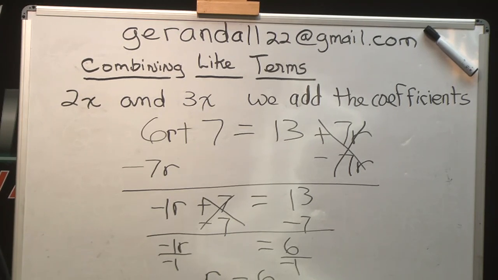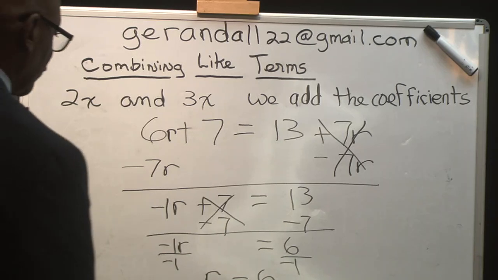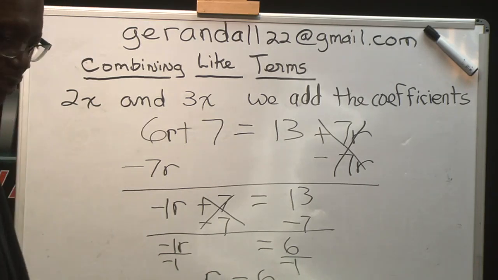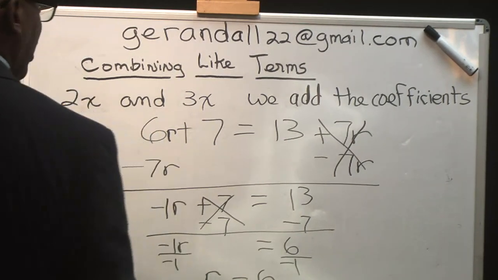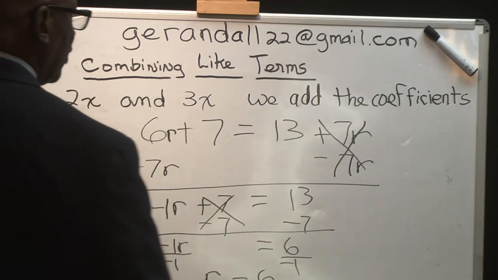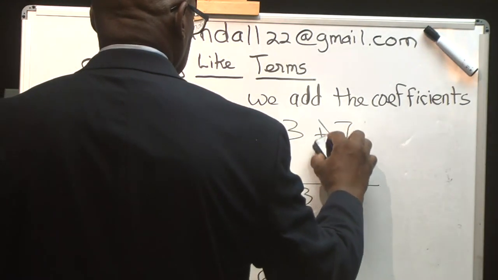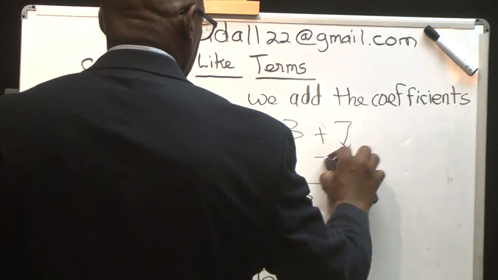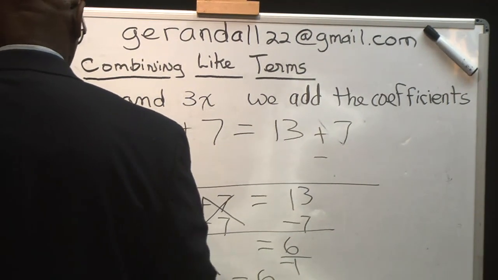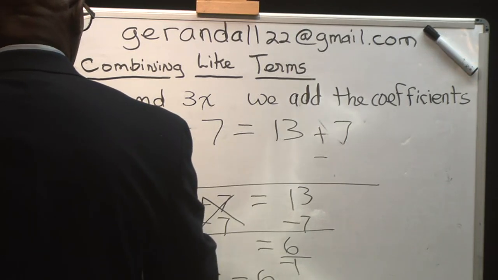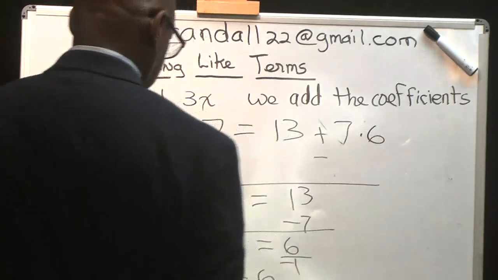It is imperative that we check our answers. Okay? So again, we said that r equals negative 6. So wherever there's an r in the original equation, we're going to put a negative 6. So we've got 6 times negative 6, 7 times negative 6.